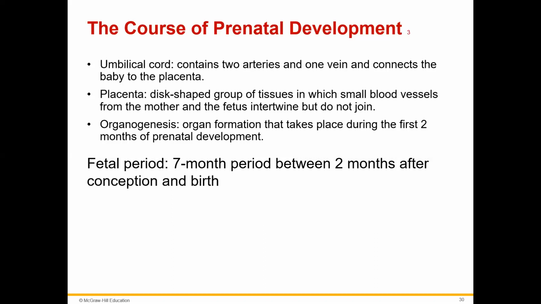And the fattening, so that's the finishing part. The fattening part is that the baby needs to, especially the last few months, put weight on. It needs to get big enough to be able to survive outside the womb. So growth and development continues throughout this 7-month period.